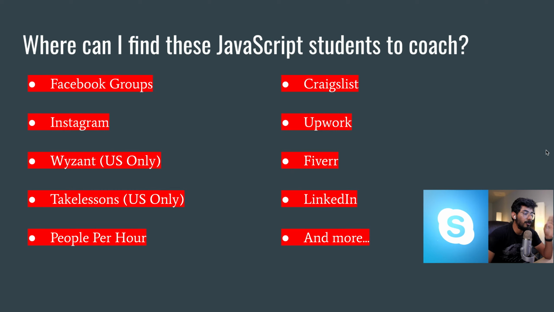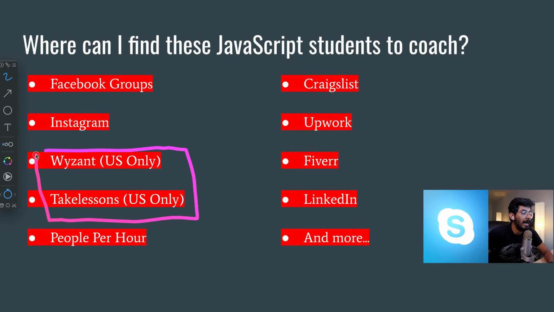So in the start, what I recommend is you learn coding and then teach it to other people and charge them, whether they're high school students, college students, or going to a coding boot camp. You can definitely help them. With just these two platforms alone, Wyzant and TakeLessons, before I started Clever Programmer, I was able to scale my income to $104,000 per year.